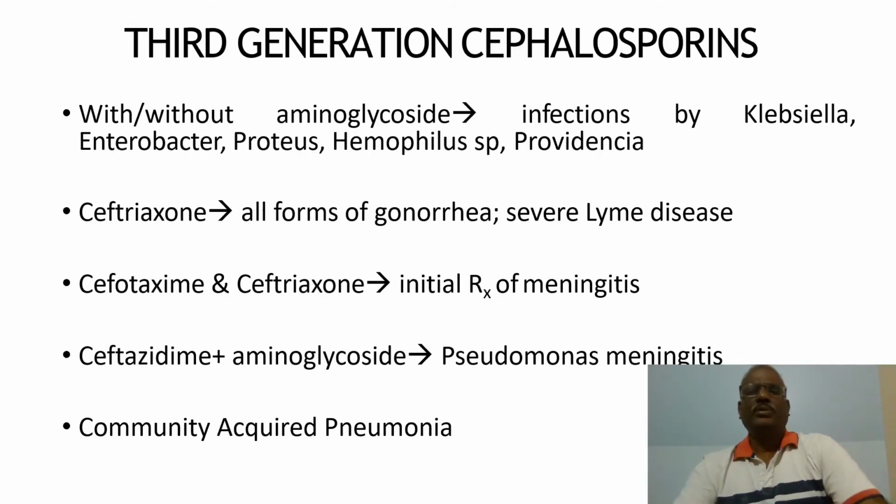Ceftriaxone is used for gonorrhea and Lyme disease, cefotaxime and ceftriaxone are used for meningitis, and ceftazidime along with an aminoglycoside is used against meningitis and also community acquired pneumonia.